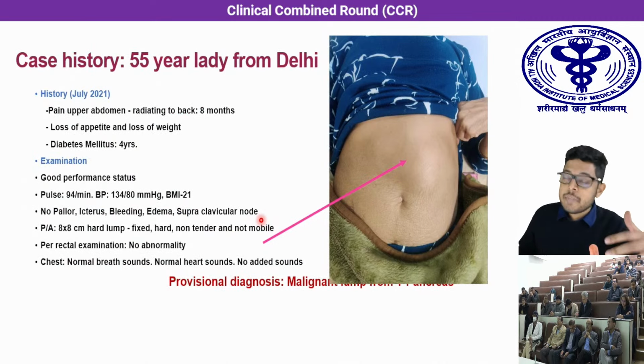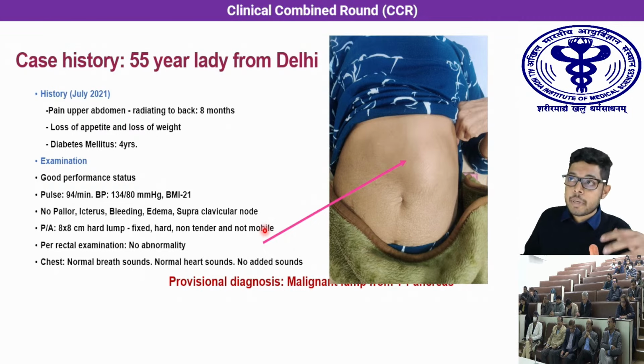Coming to the case history, our patient is a 55-year-old lady from Delhi who presented with an 8-month history of pain in the upper abdomen, radiating to the back. There was associated loss of appetite and loss of weight. She was diabetic for the past 4 years on oral hypoglycemic agents. On examination, she had a good performance status. Vitals were stable. BMI was 21.